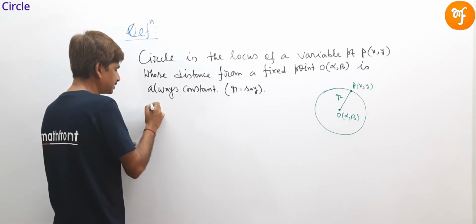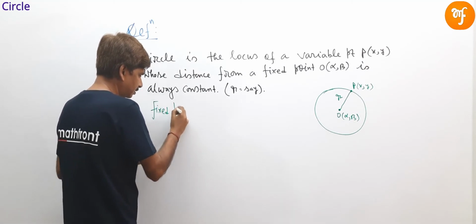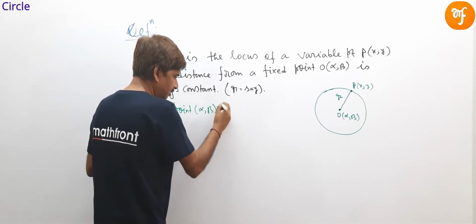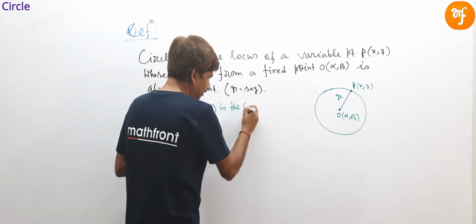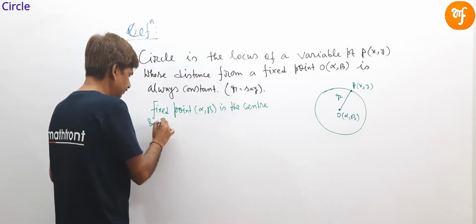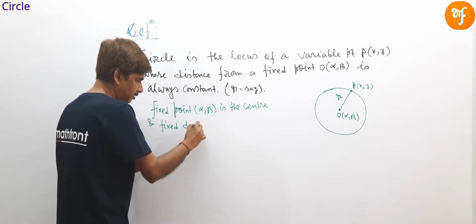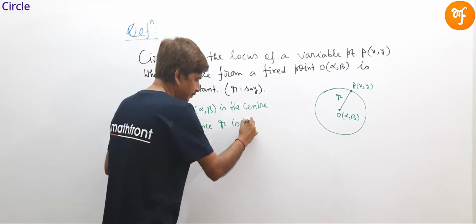So the fixed point alpha comma beta is the center of the circle, and the fixed distance r is known as what?